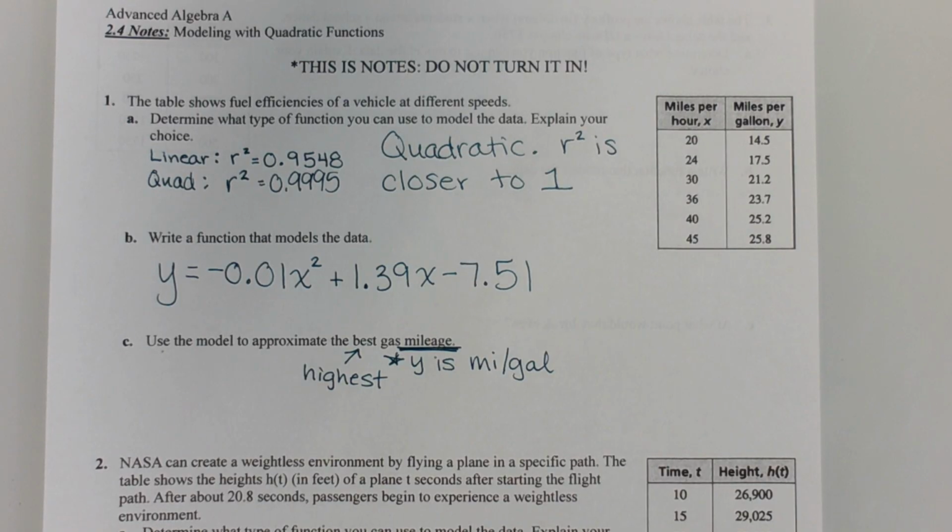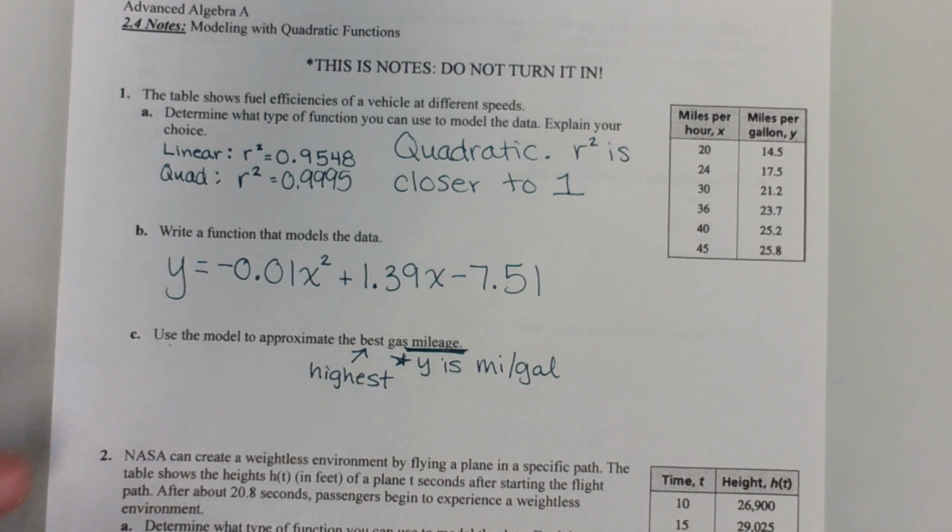When you talk about a quadratic equation, how can you find the highest y value? What is the highest part of a quadratic equation known as? The vertex. The highest or lowest point on a quadratic equation is that vertex point.